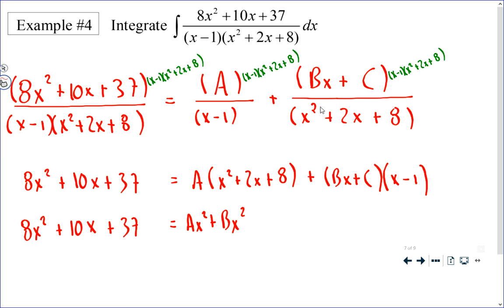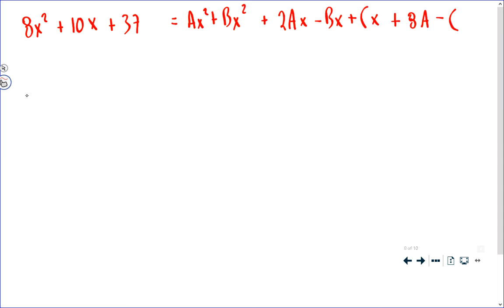You are also going to have, for linear terms, 2ax, negative bx, and cx. These will be your 3 linear terms. And you are also going to have for your constant terms 8a minus c.